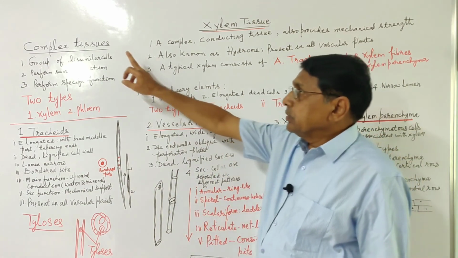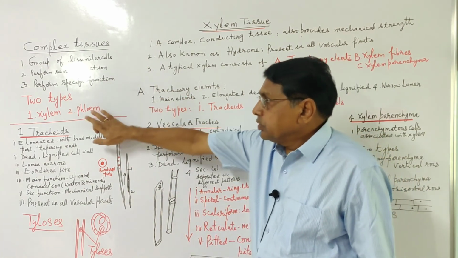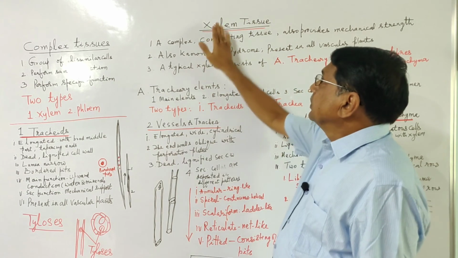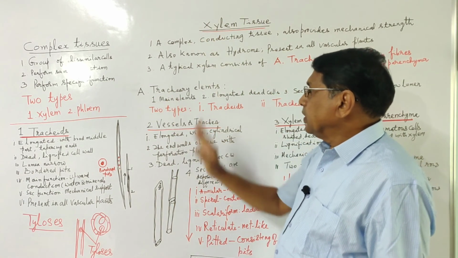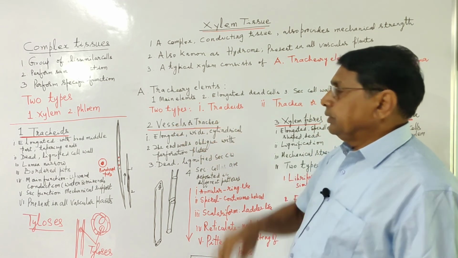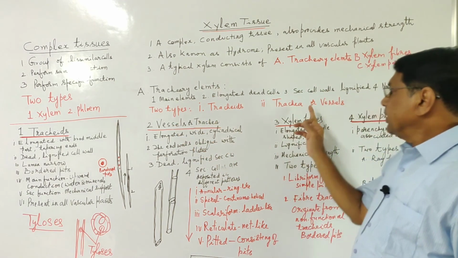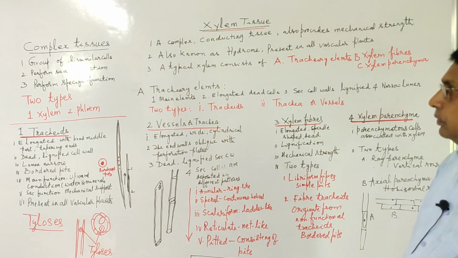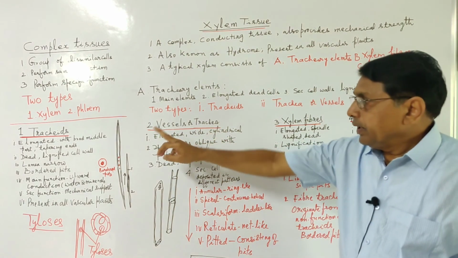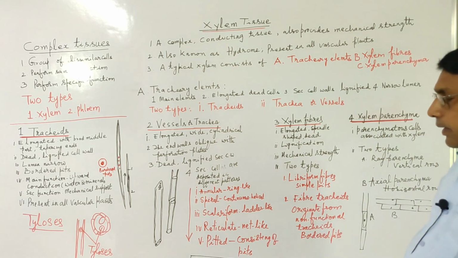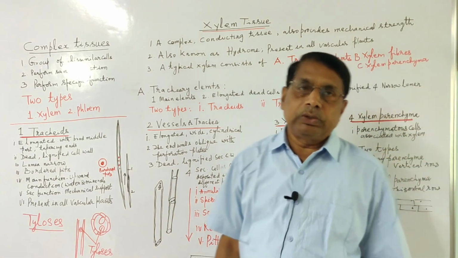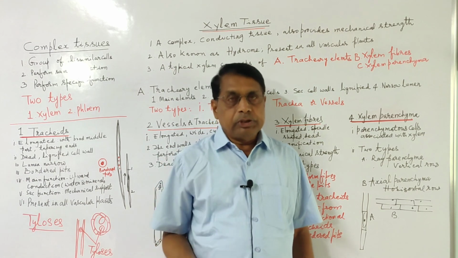So this complex tissue, xylem, has four types of elements: tracheids, vessels, xylem fibers, xylem parenchyma. The first two are tracheary elements. This is about the xylem tissue.